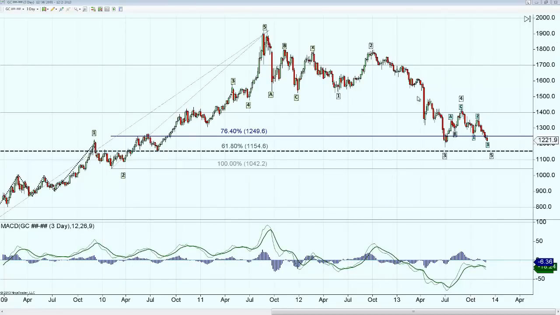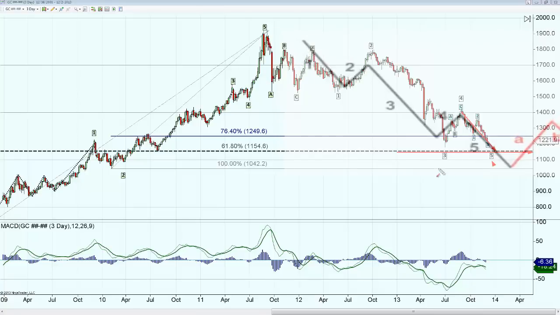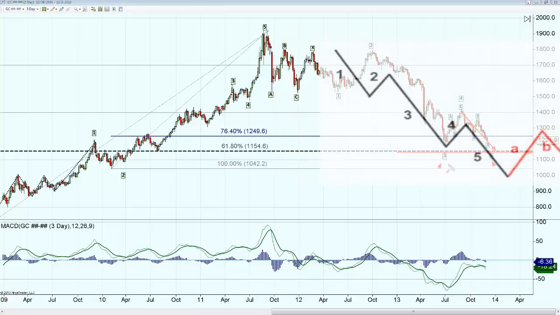I think that we are getting close to the conclusion of this fifth wave, and I also believe that this fifth wave will show us the lows that we are going to achieve really for probably the first half of the year, because once we conclude this fifth wave, whether it's as a flat or a bear market truncation or a standard 1, 2, 3, 4, 5, in which wave 5 falls below wave 3, in either case, we are going to see bottoming activity.